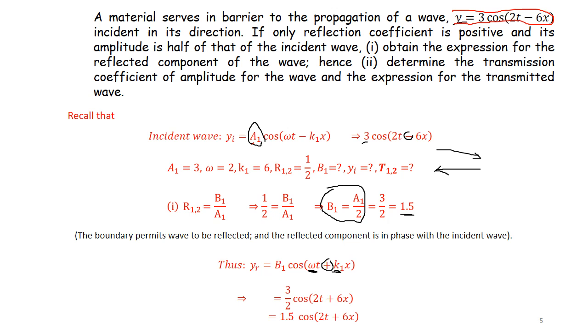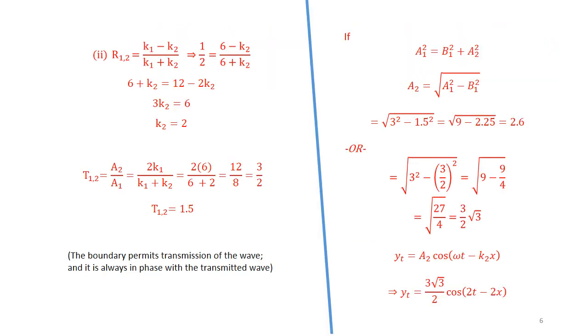Now for the second part, which is the transmission coefficient of amplitude for the wave and the expression for the transmitted wave. Likewise, we can also use the expression to obtain it. Know that again the reflection coefficient is half. So from there we can get our k, which will be 2. That means k2 is 2.